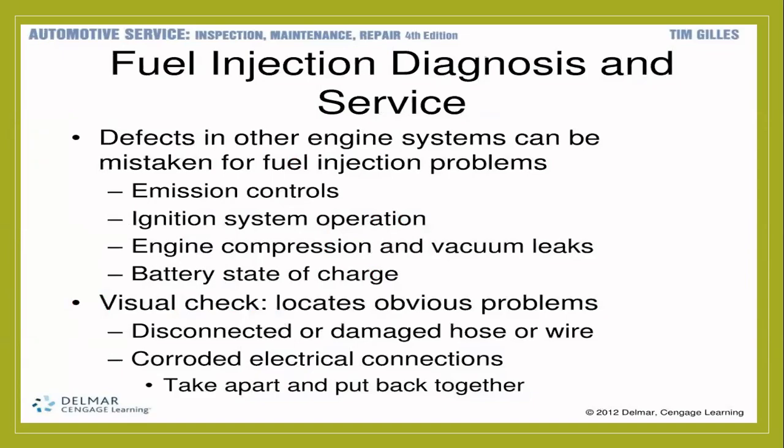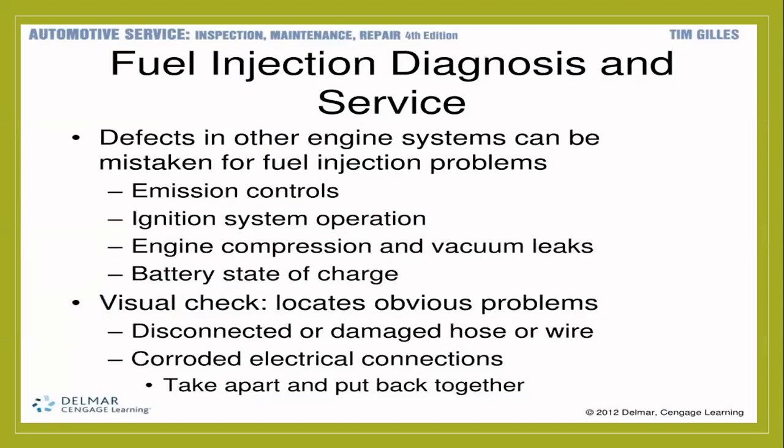These defects in other engine systems can be mistaken for fuel injection problems: emission control, ignition system operation, engine compression and vacuum leaks, battery state and charge. Visual check: locate the obvious problems, disconnected or damaged hoses or wires.